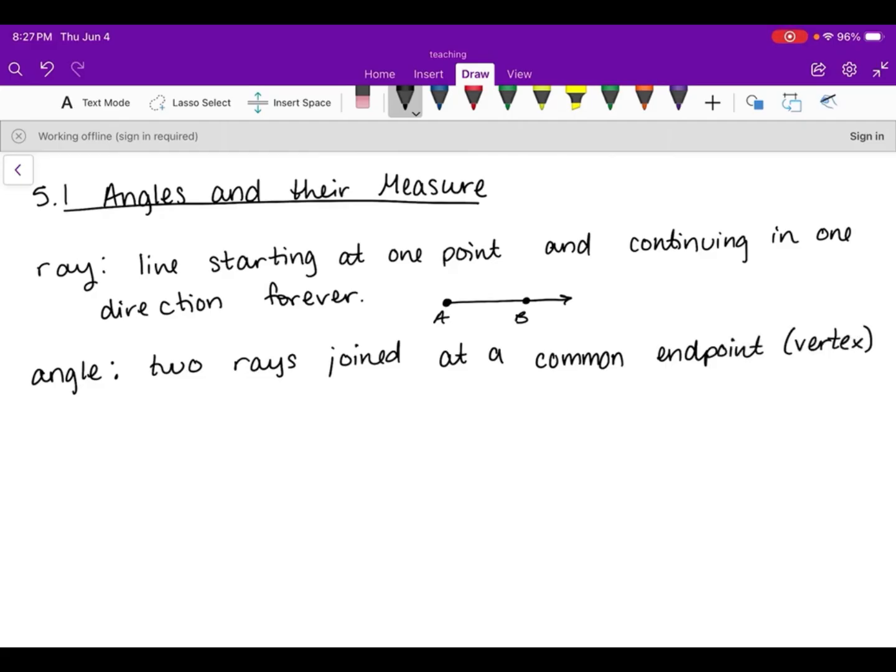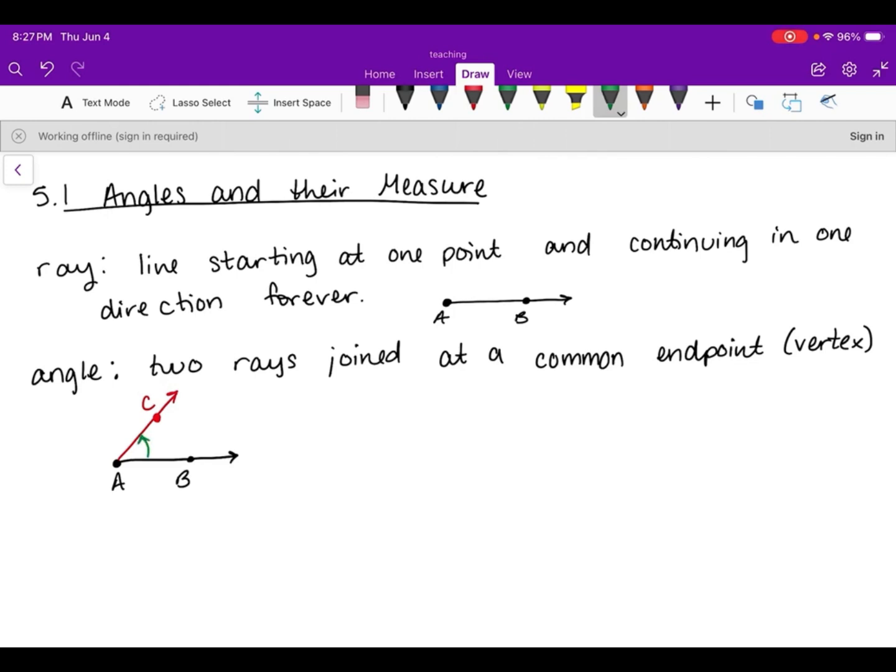So an example of this, if I have a ray, let's say it's AB, and then I make this other ray and I call it AC, I've now created an angle right here.